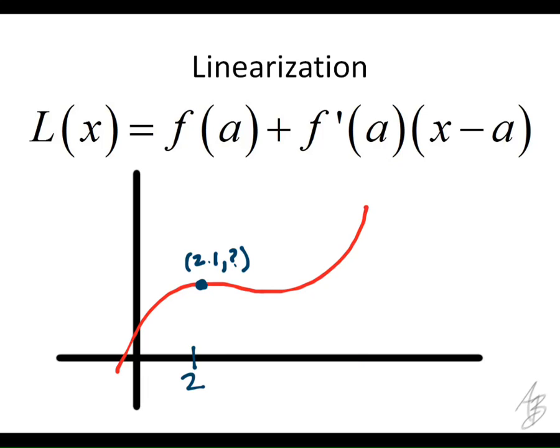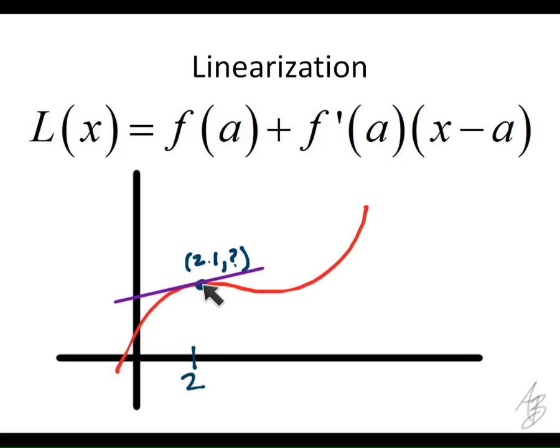So what we're going to do is use the idea of the tangent line. And let me draw a tangent line here for you. We're going to draw a tangent line at 2. And if you notice, the value of the function at 2 is very close to the value of the line at 2.